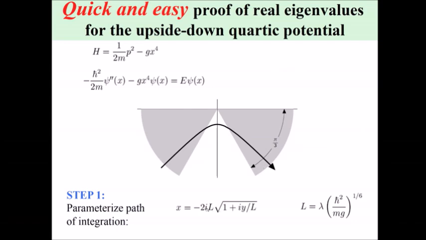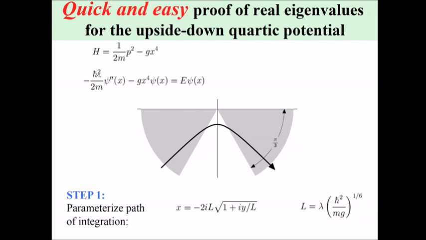So I'm going to say, let x be given by this expression, where y is a real number. Okay, so y goes from minus infinity to infinity, and as y goes from minus infinity to infinity, x comes up here and goes down here.